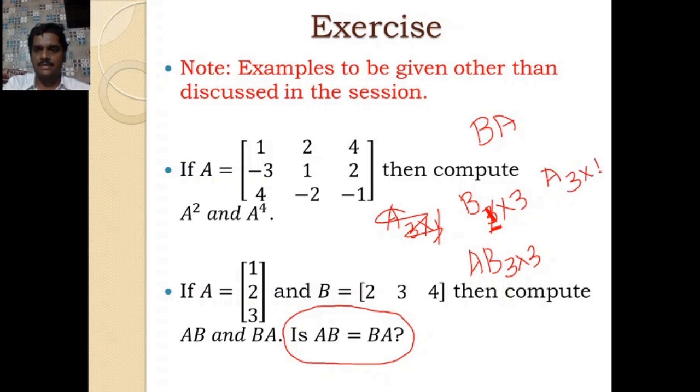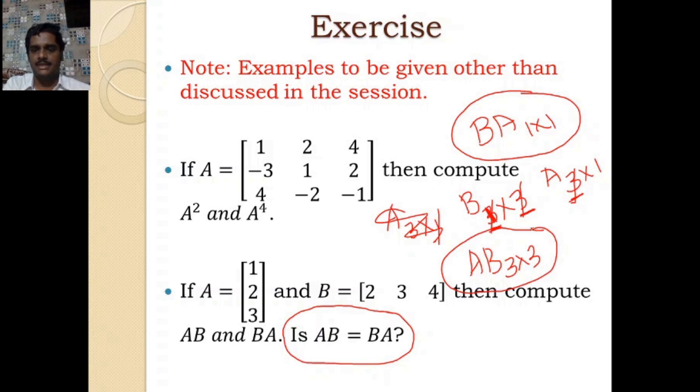A is 3 by 1. This 3 matches with this 3 and gets cancelled, giving you 1 by 1. So BA is a matrix of order 1 by 1, and AB is a matrix of order 3 by 3. You can see the orders of the two matrices are different. And once the order is different, obviously they are not going to be the same. We can't talk about equality then.